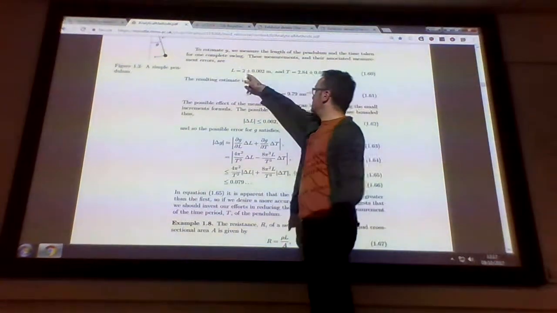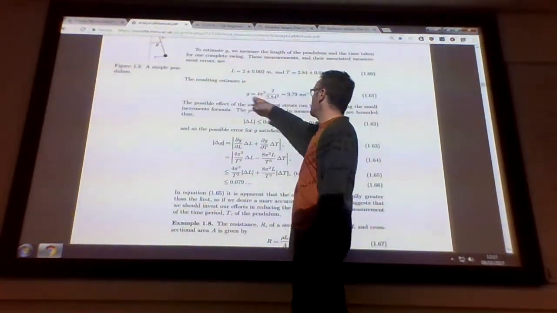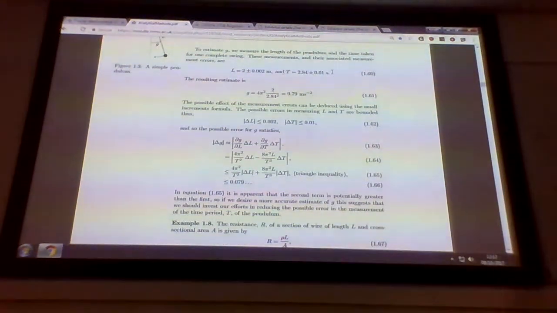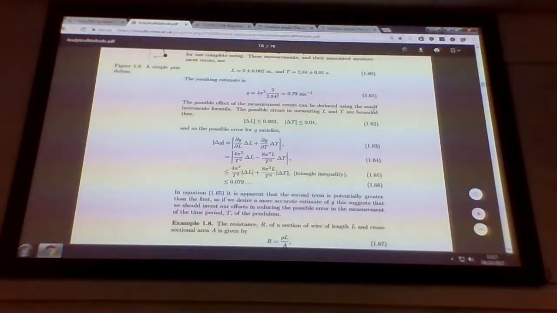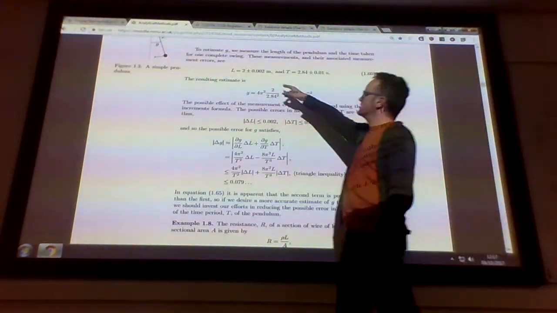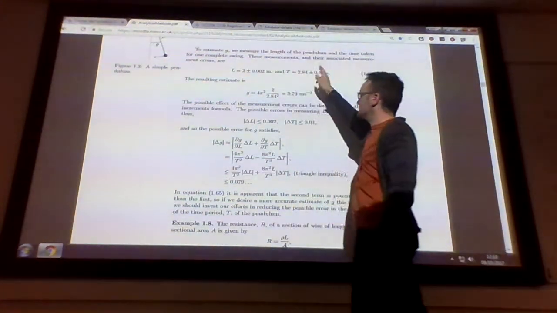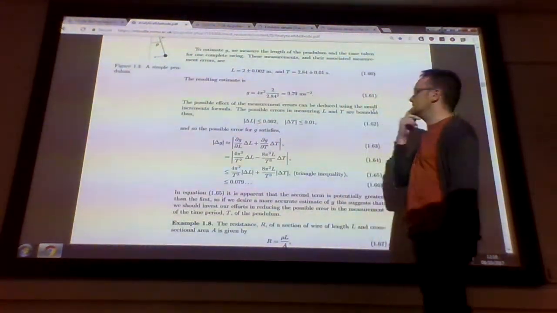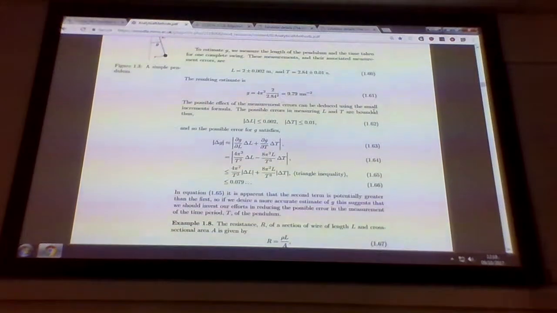So feeding the values 2 and 2.84 into the formula just gives an approximation for G of 9.79 meters per second squared. And then these maximum errors on the length and time become upper bounds for the quantities delta L and delta T. So the actual error made is unknown to us.